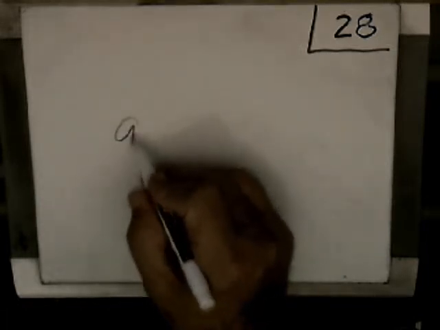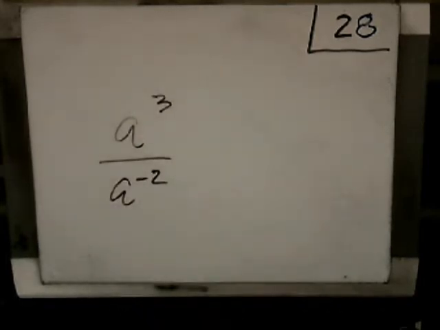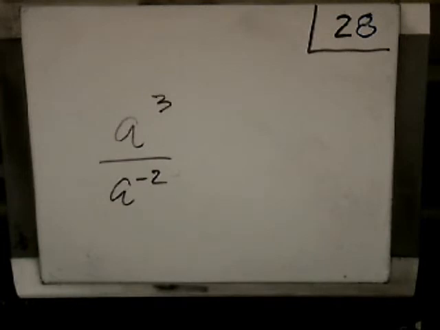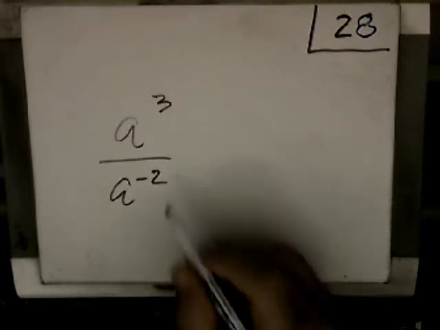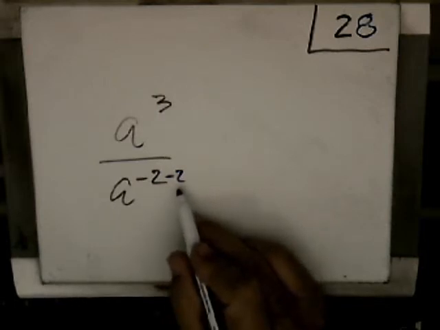Well, let's see if I had a to the 3 over a to the minus 2. Well, this is the smaller one, but if I were to subtract 2 from this, I would just have -4. I wouldn't have 0.